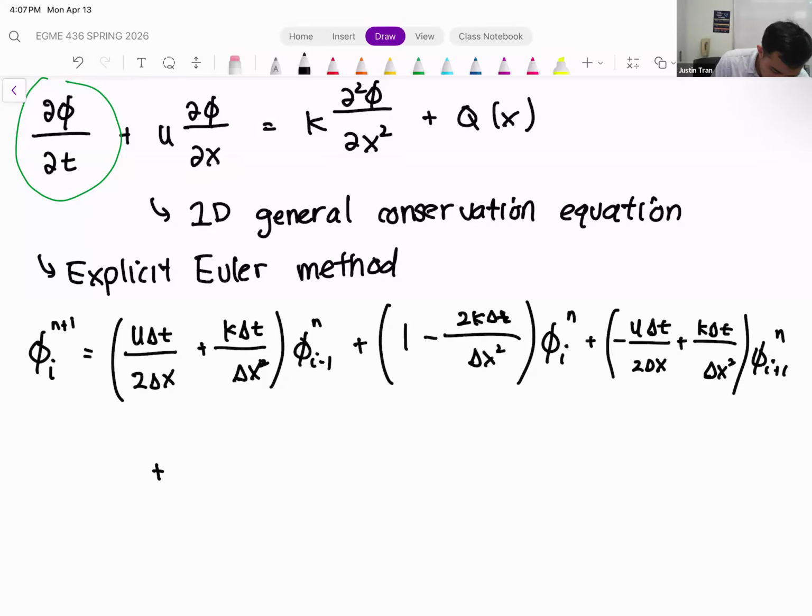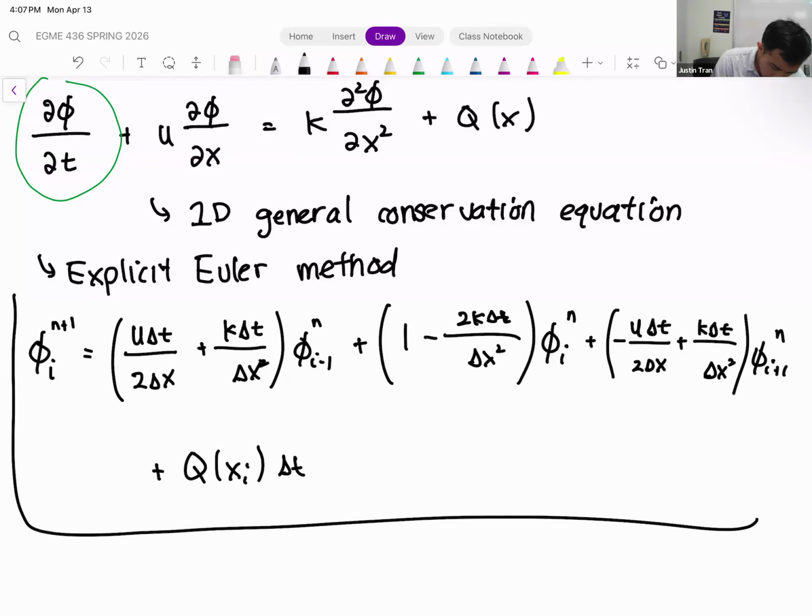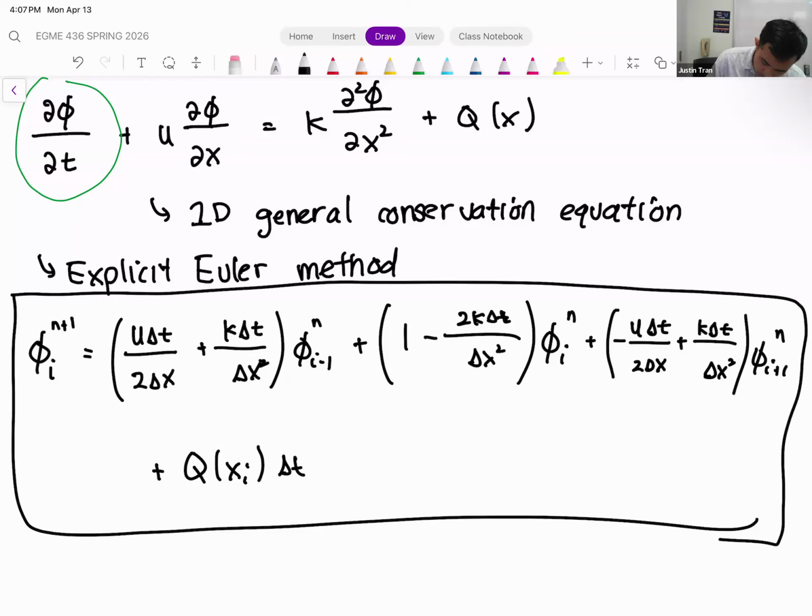And then we have our source term as well, q at x_i times delta t.